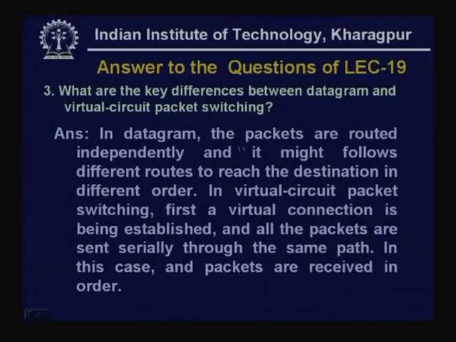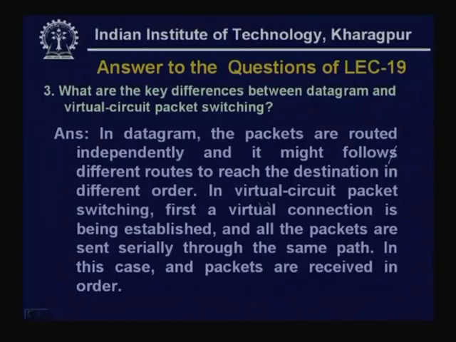In datagram, the packets are routed independently and might follow different routes to reach the destination in different order. That means each packet is treated independently. So, what can happen, as it happens in a postal system, is that different packets may go through different routes and may be delivered out of order.